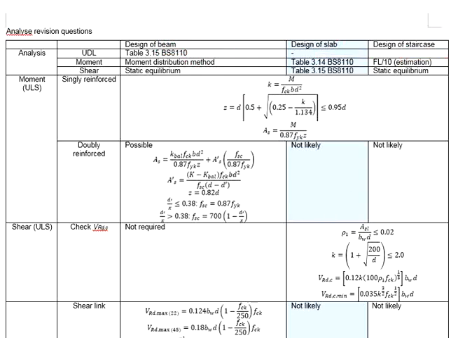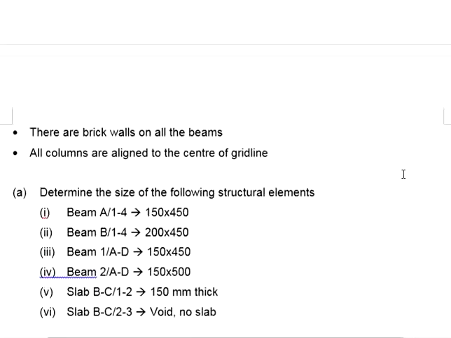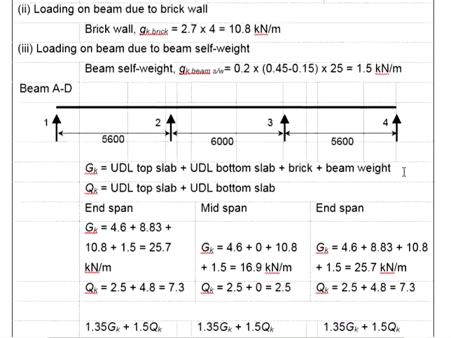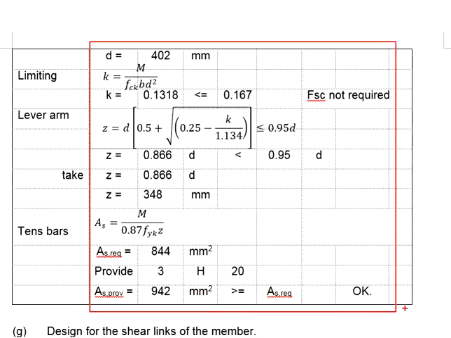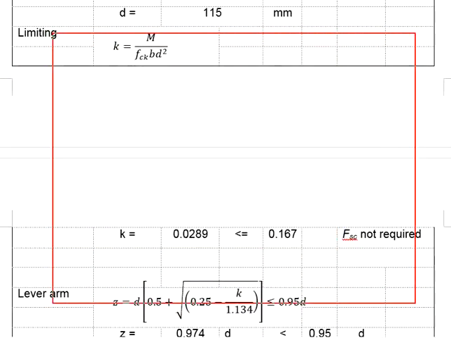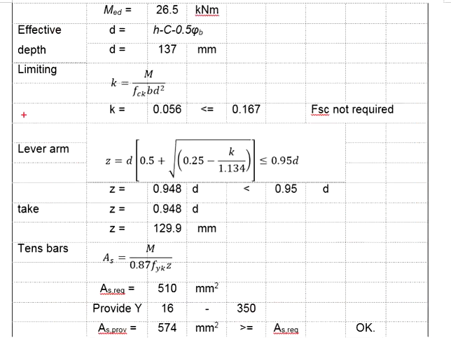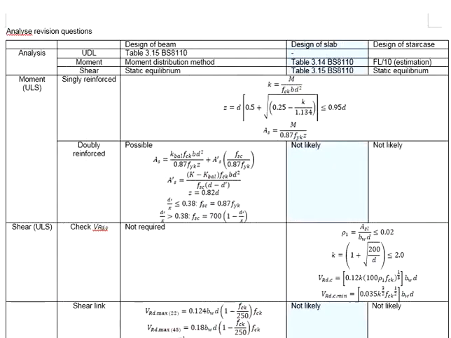What you see in the summary table here, the equations for singly reinforced members are applicable to the beam, slab, and the staircase universally, which you can notice from the example revision questions given for the beam as demonstrated here, for the slabs, and for the staircase.